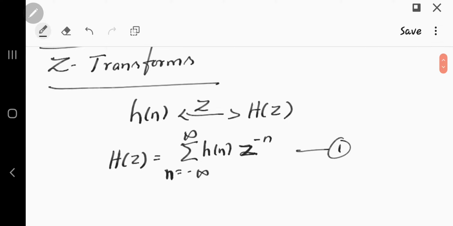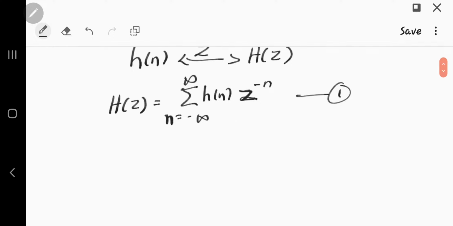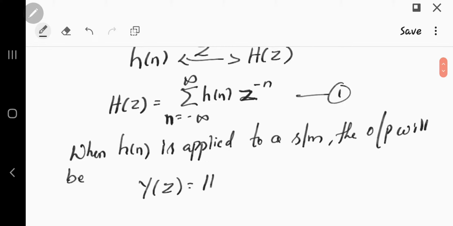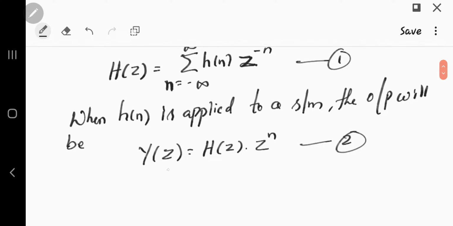When h of n is applied to a system, the output will be Y of z equals H of z times X of z. So this is what we are going to get for the system output.